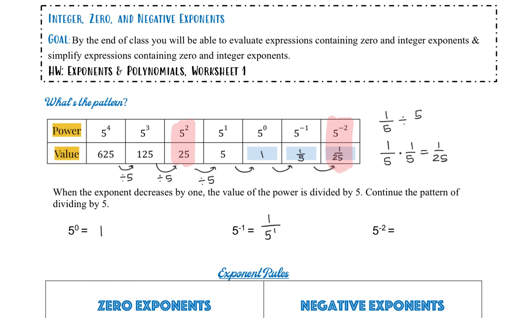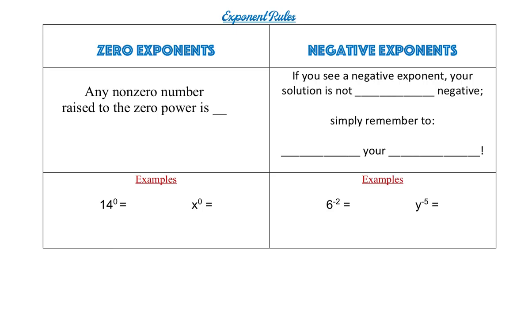And then what it's really saying, 5 to the power of positive 1, 5 to the power of 1 is just 5. So 1/5. When we do 5 to the power of negative 2, we put 1 in our numerator and then 5 to the power of positive 2. 5 to the power of 2 is 25, so 1/25.